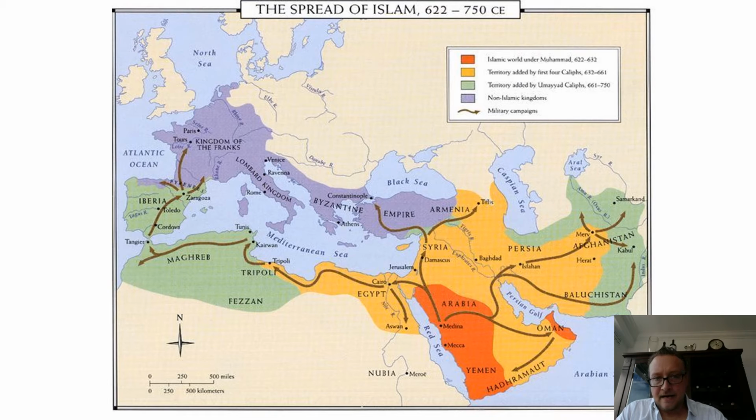They lead military campaigns as far as today's Switzerland, but don't manage to establish lasting control over these territories. However, the Islamic armies now stand at the border and are a constant threat. They are an even greater threat at sea, as their navy patrols the Mediterranean Sea.